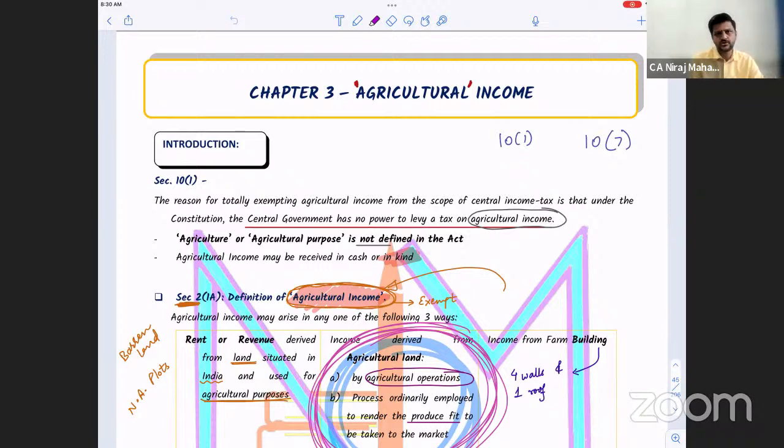So using that house, but for what purpose? For storing your raw materials, seeds, fertilizers, staying also over there always around the farm, your pump, your equipments, tools you can keep over there. Then after the harvesting of the produce, you can keep some stock over there. That is the main purpose of using that farm building. Basically a house only, but in and around the agricultural land.